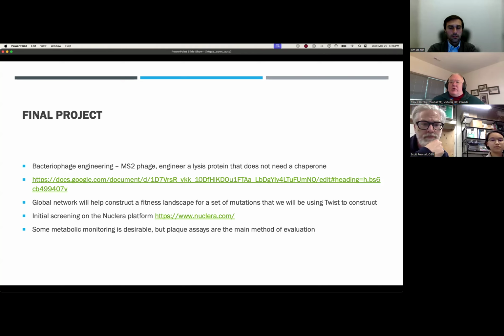And we want to have all of the labs with some automation be evaluating these mutants, with the goal really of ensuring that we can have a consistent application of a protocol across remote sites on the Opentrons. We're going to do some initial screening on the Nuclera platform, which is an interesting platform for protein engineering.